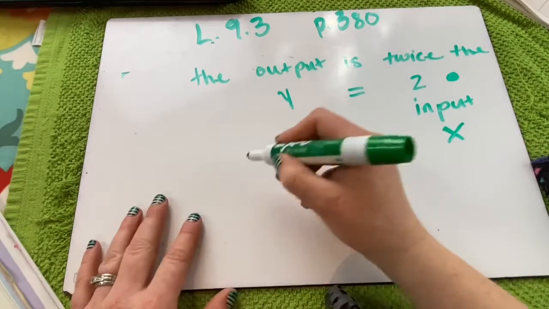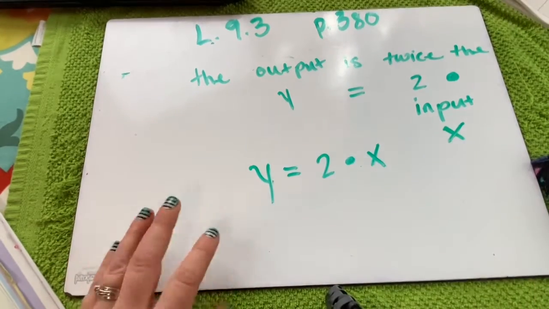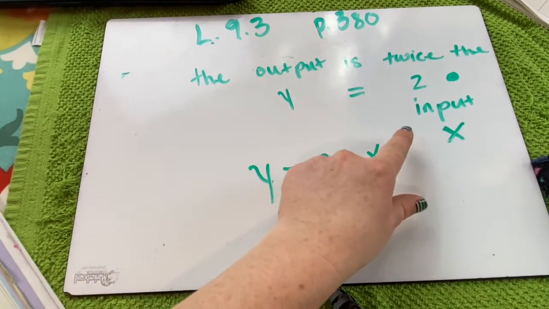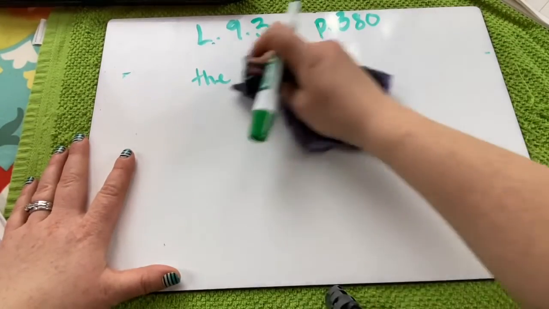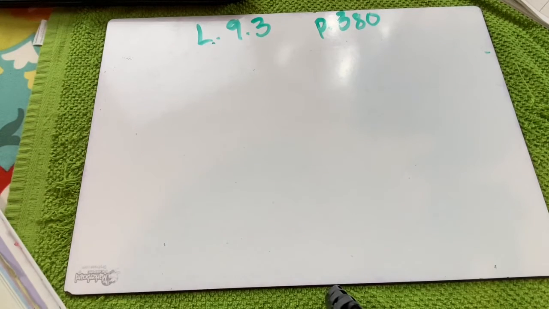So that's how I got y is 2 times the input. The output is twice the input. So that's how you get that. Every time you see output, it's y, input is x, is a beautiful big equal sign.